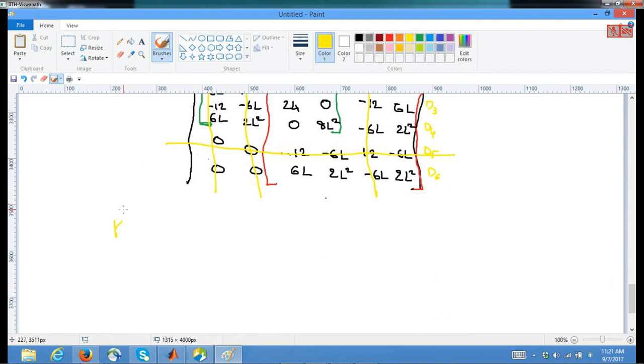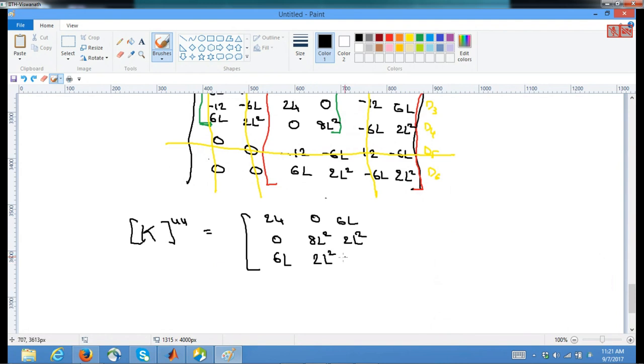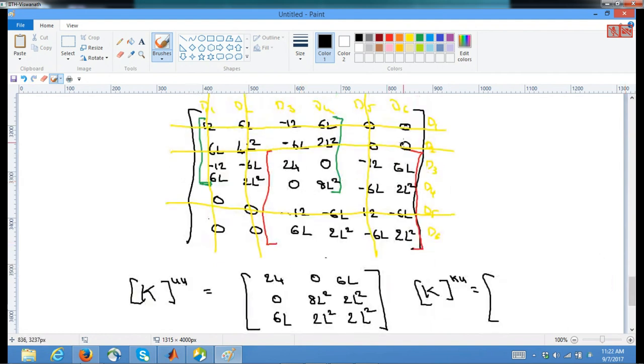Similarly, for KU, just take the entries which are struck off only once horizontally.